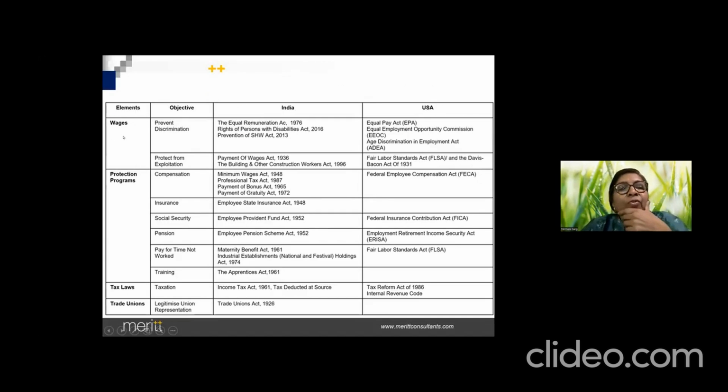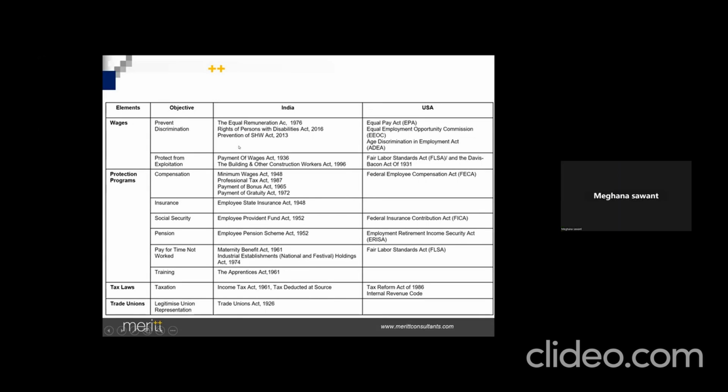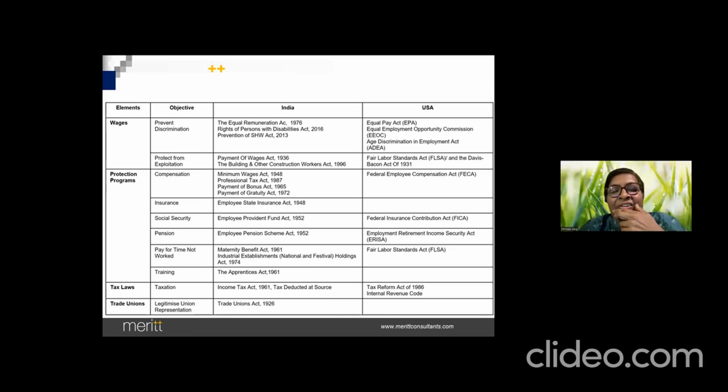If you notice, for wages we have the Payment of Wages Act, the Equal Remuneration Act, and the Minimum Wages Act. All these Acts are for ensuring that you do not have discrimination, you are not exploiting, and you are paying on time.